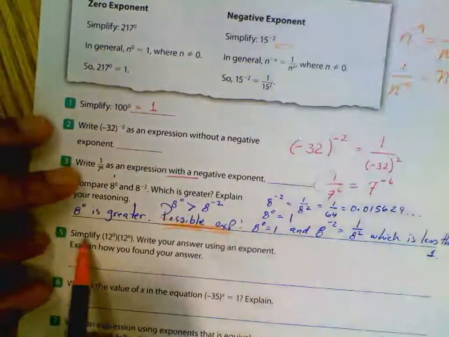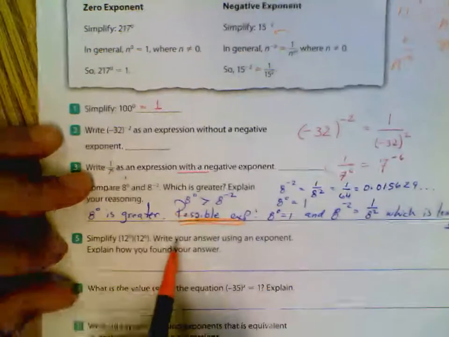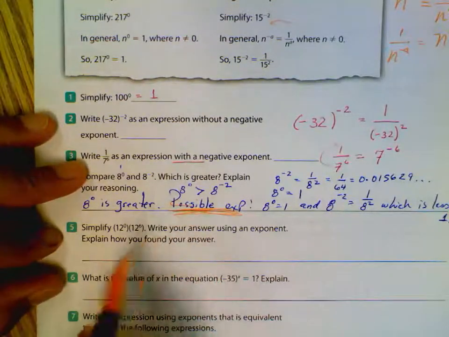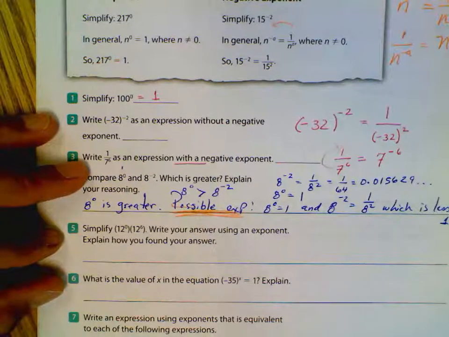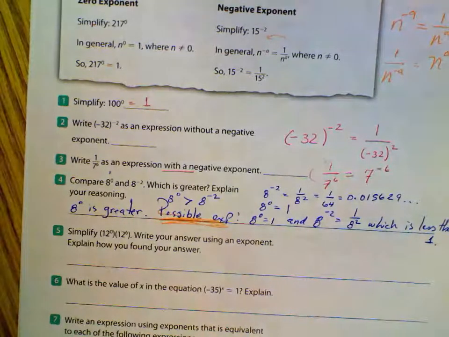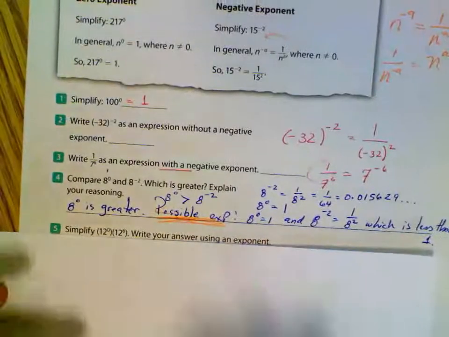Number 5, simplify 12 to the 0 times 12 to the 6. Write your answer using an exponent. Explain how you found your answer. We have different ways to approach this problem. I'm going to use this piece of paper to solve it.